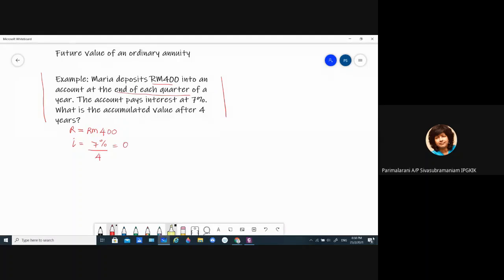So this actually is 0.07 over 4. And 4 times a year, for 4 years, so N is 16. Yes, 16. So now that we know this, we're going to put it into our formula.